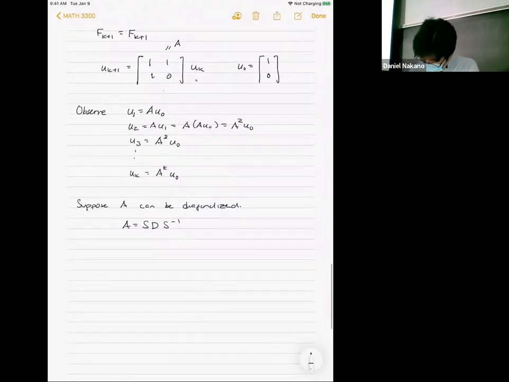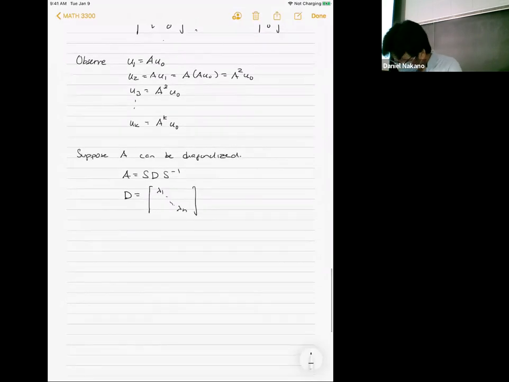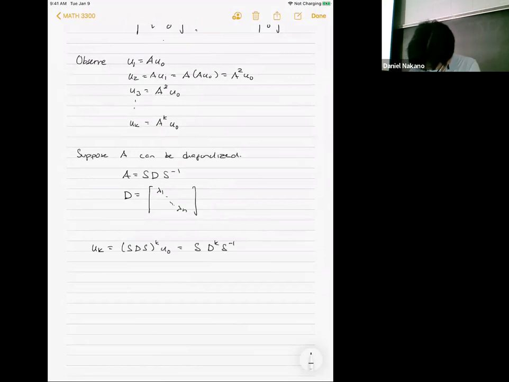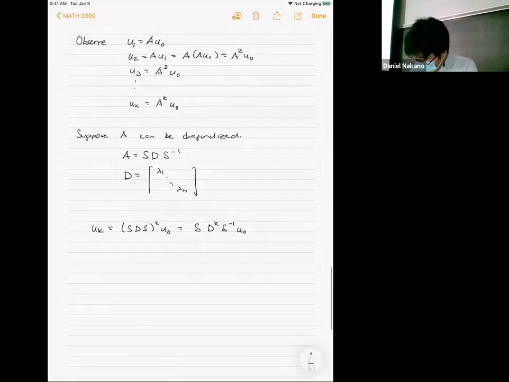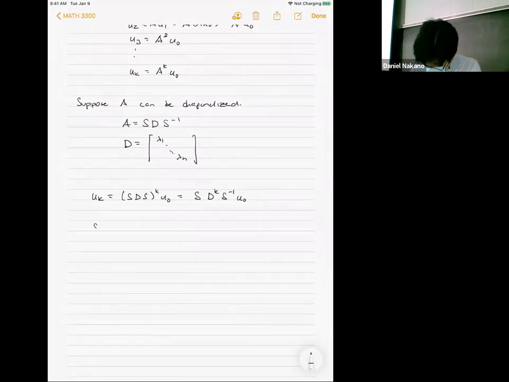Now D will consist of eigenvalues. And so what do we get? We get u_k is equal to S D S inverse to the k u0, which is the same as S D to the k S inverse u0. So S is going to consist of eigenvectors, as we know.